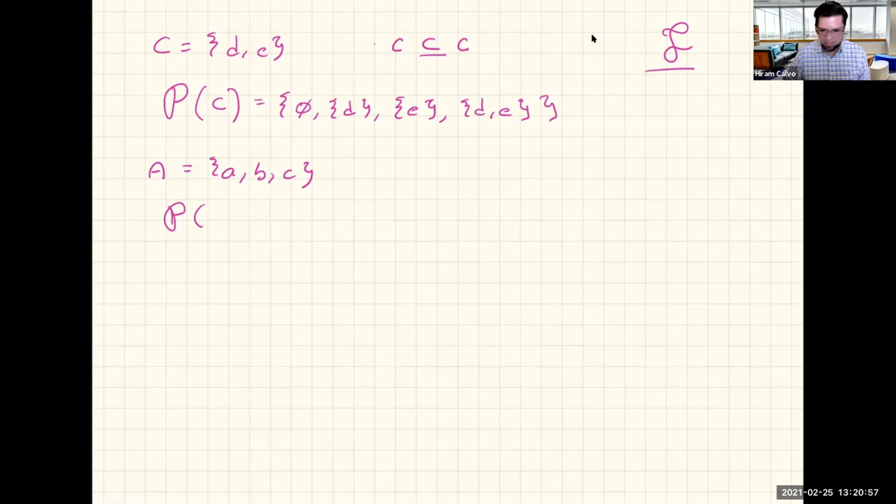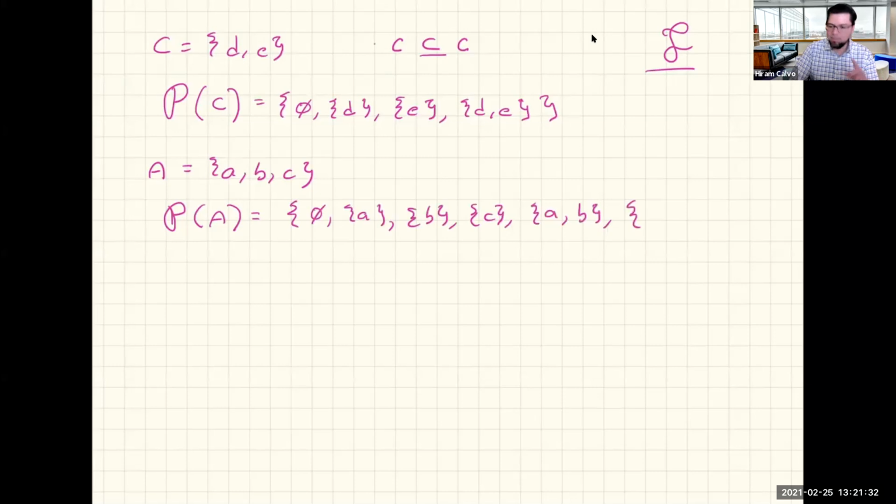Okay, so jokes apart. We have a curly P, and if we take the curly P, the power set of A, then we have, again, the set formed by all those subsets with 0 elements, which is only one, then those formed by 1 element, which are A and then B and then C, and then those by 2 elements, combinations of 2 elements, so we have A and B. We will not have B and A. Why?